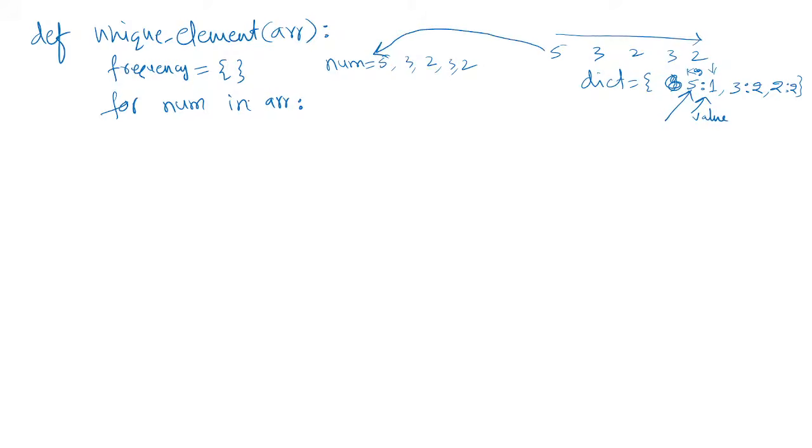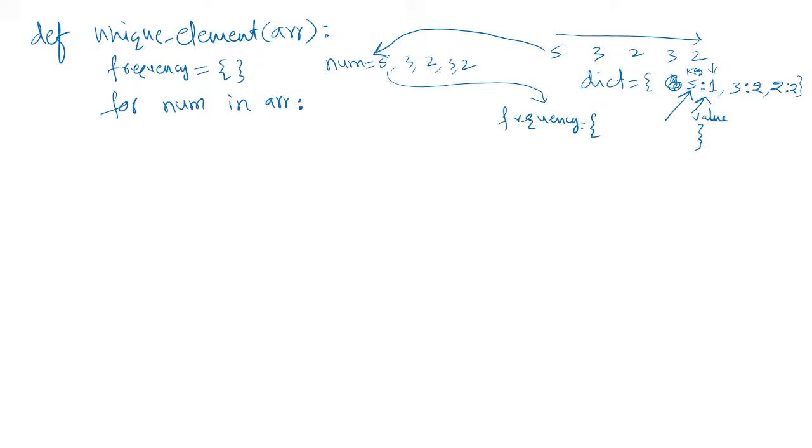So this is my frequency dictionary, initially empty. What I do is check whether the element is present in the dictionary or not. If it is already present, then I add one more count to the value of this element. How to test whether this element is already present in the dictionary?